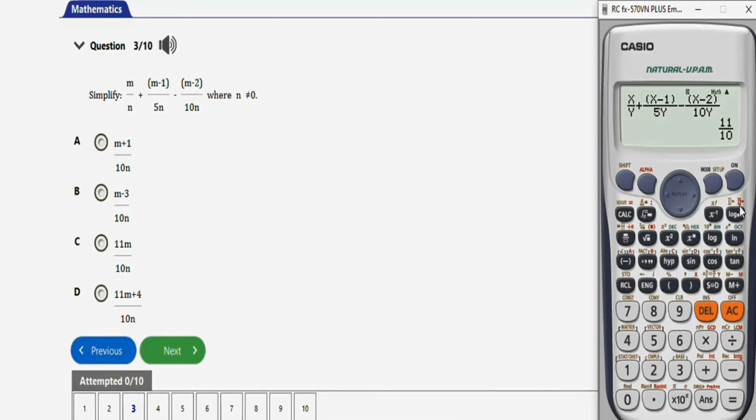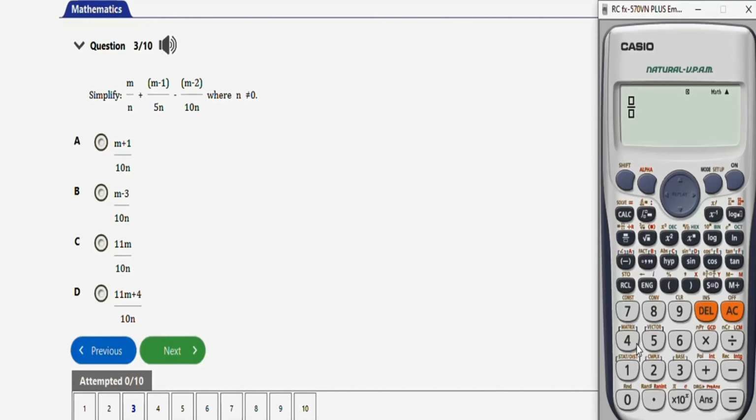11 over 10. So right now we're going to simplify the options. It gives us 11 over 10 as the answer to this question. So 11 over 10 is approximately 1.1. We look at the options and know that the right option here will be option C. Let's verify.